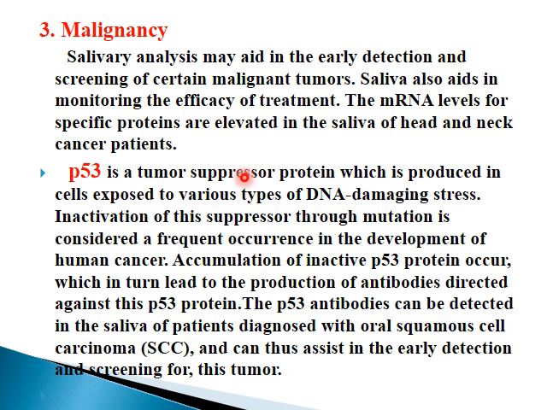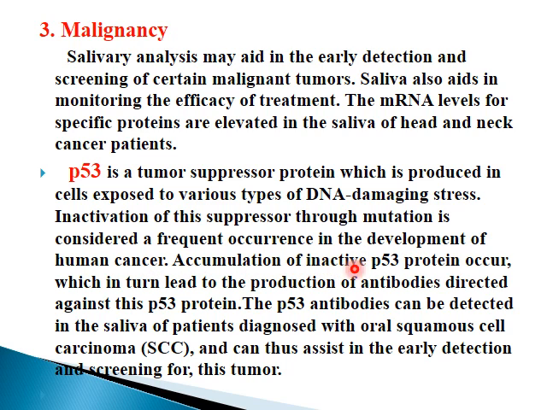P53 is a tumor suppressor protein which is produced in the cell exposed to various types of DNA damaging stress. Inactivation of this suppressor through mutation is considered a frequent occurrence in the development of human cancer.